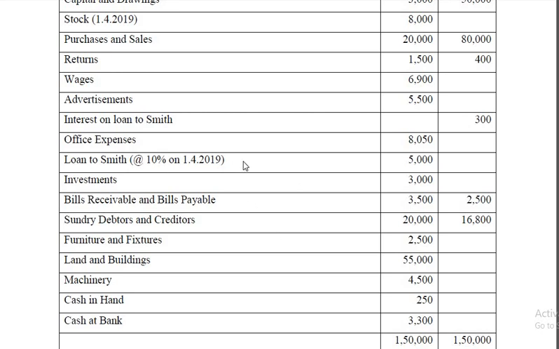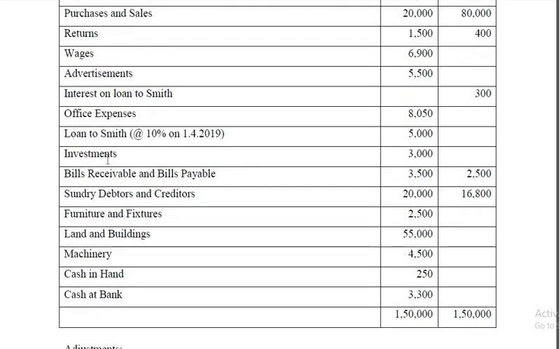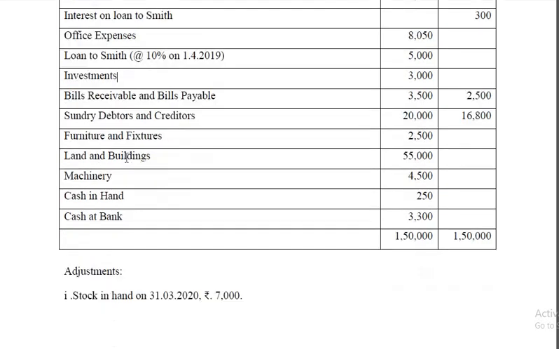Okay, so how does it appear? In the profit and loss account, credit side, 300 plus 200, together 500. In the balance sheet, 200 is to be received. Therefore, it's an asset. On the asset side, you will write interest on loan to Smith. Investment, it's an asset.